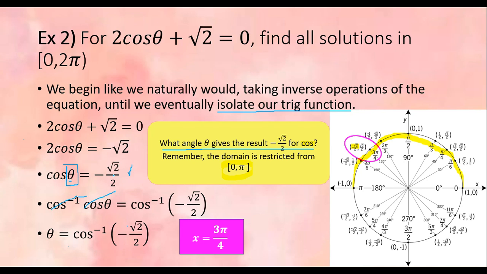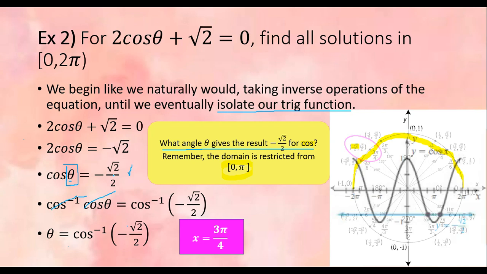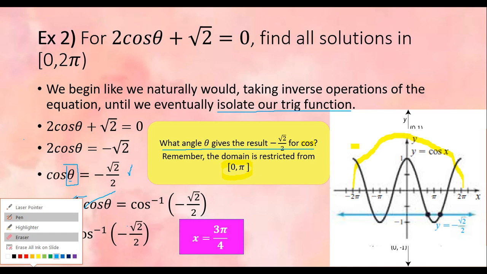So remember how I was saying that the book and I personally value knowing what this looks like conceptually, right? We were finding intersection points, and we found a very specific value, and it looked a little complex, but it wasn't that bad. So here's the graph, okay?